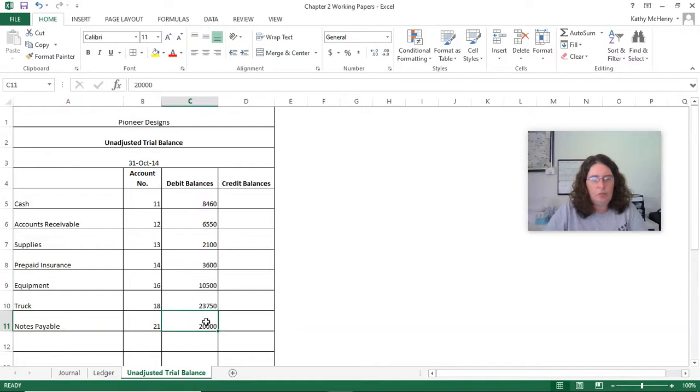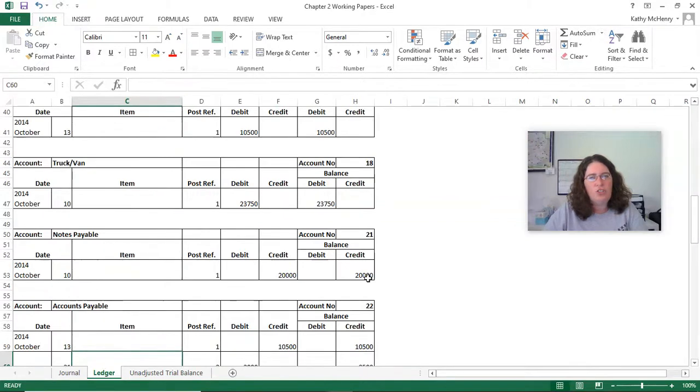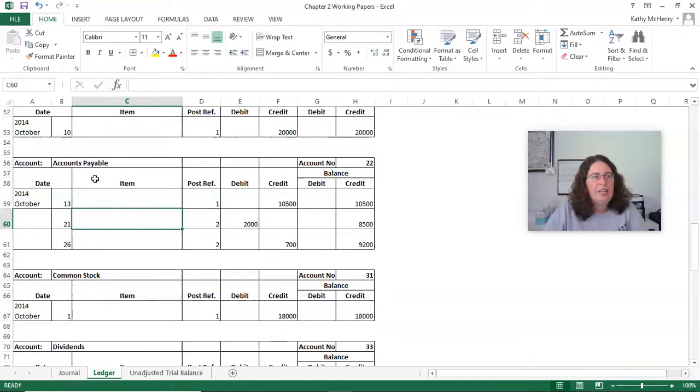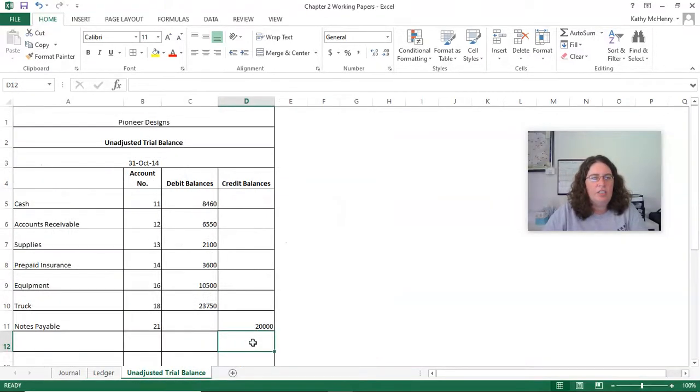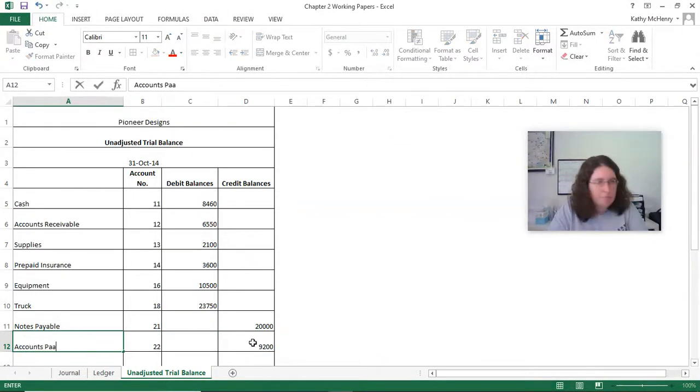Oh, notes payable was a credit, not a debit. So if you look at my ledger, 20,000 was in the credit column. I accidentally put it in the debit column. Accounts payable, 22, credit 9,200. Whoops.